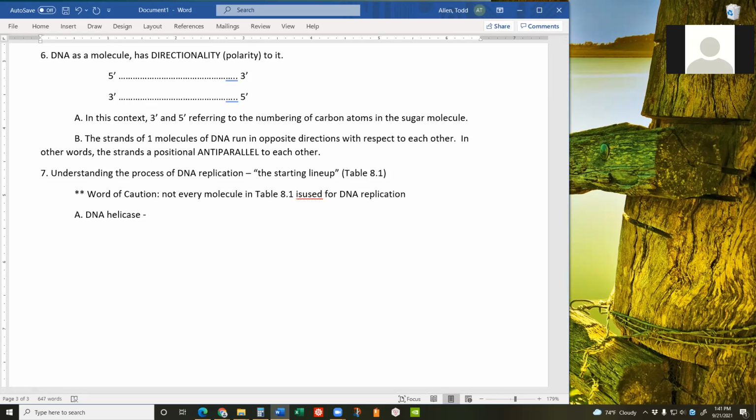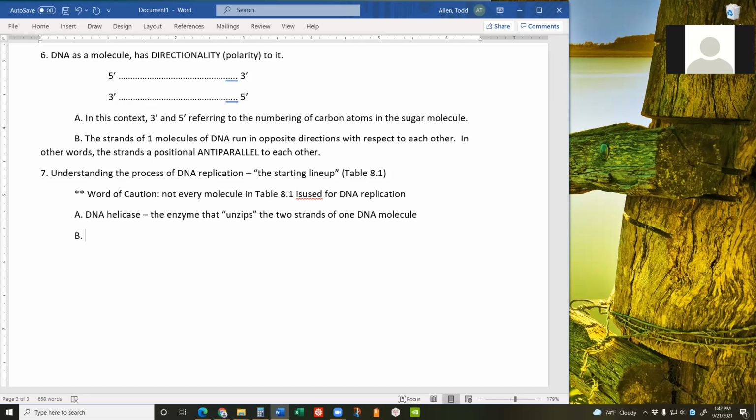This is the name of the enzyme that unwinds the DNA, that unzips the DNA. The enzyme that unzips the 2 strands of one DNA molecule, right? DNA is double-stranded, so you have to unzip those strands during the copying process.